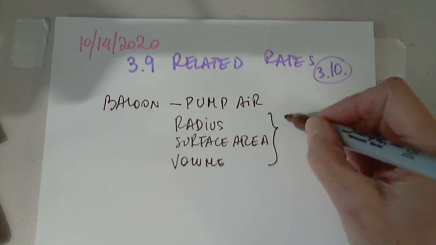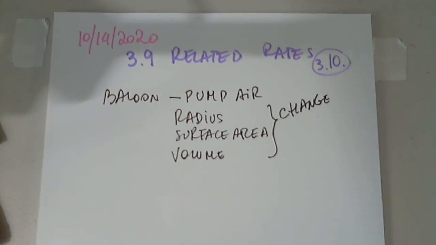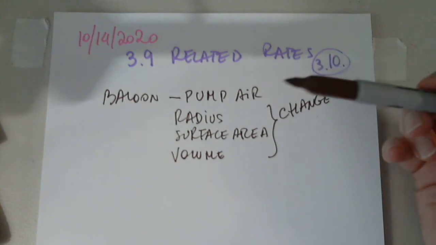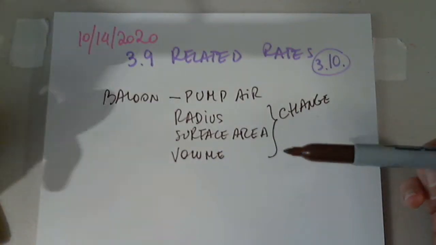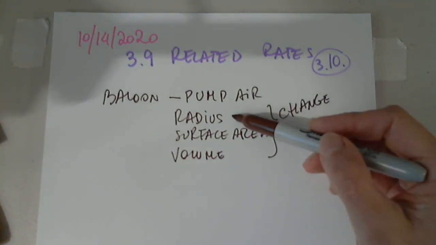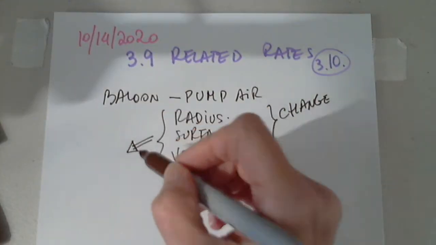All these change at the same time. I'm not saying they change with the same rate of change. I'm only saying that when I pump air in a balloon, radius will change, will increase, surface will increase, volume will increase. So all these become functions of time.